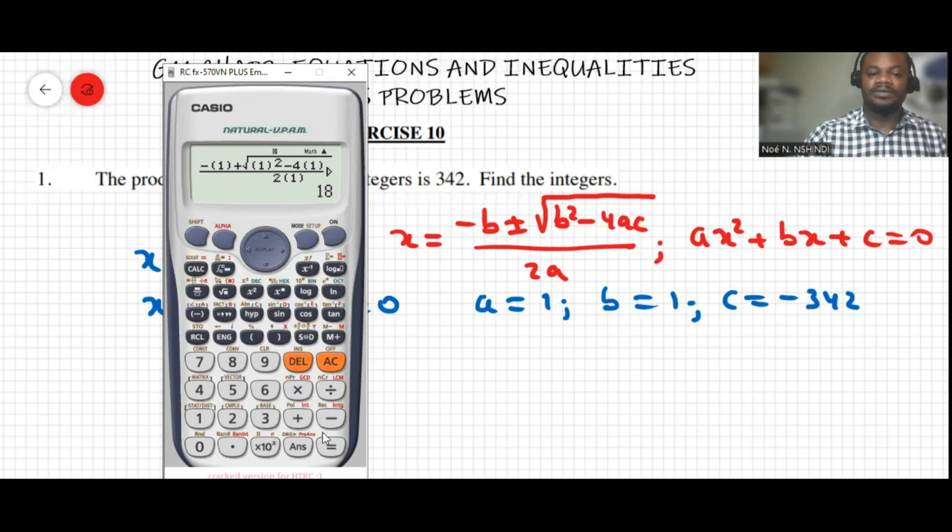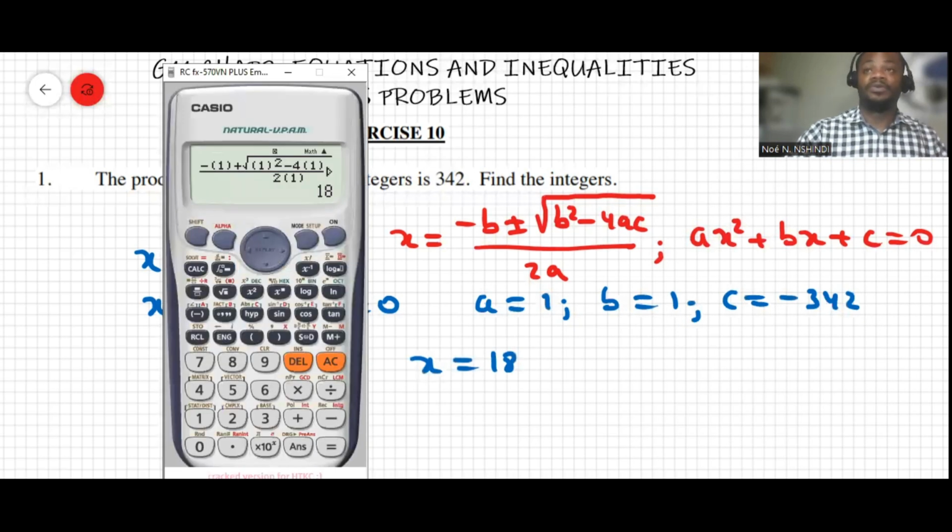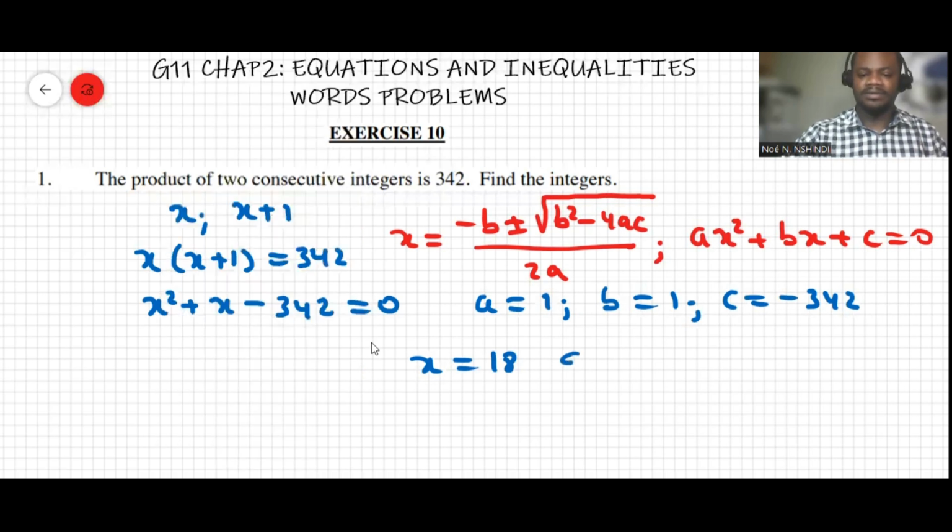Then hit equal, and we got 18. So here we have x equal to 18. The other integer, we don't know if it's 17 or 19, so we need to go to the formula and take the negative now. Minus there, hit equal. It says negative 19.